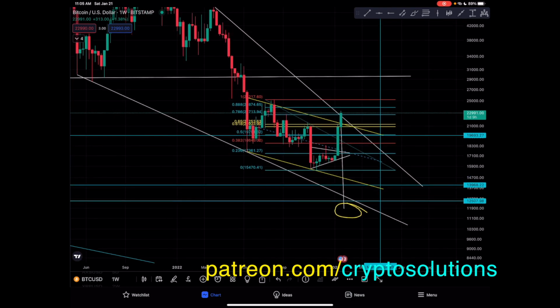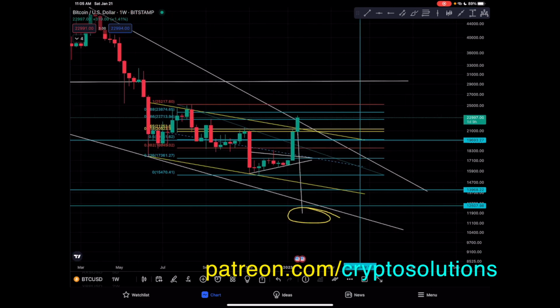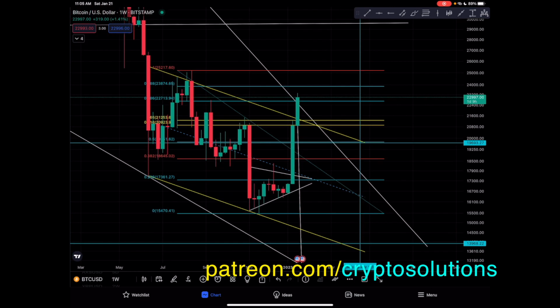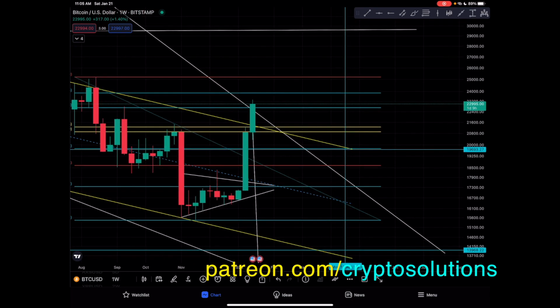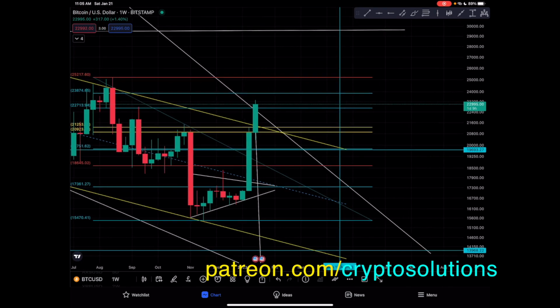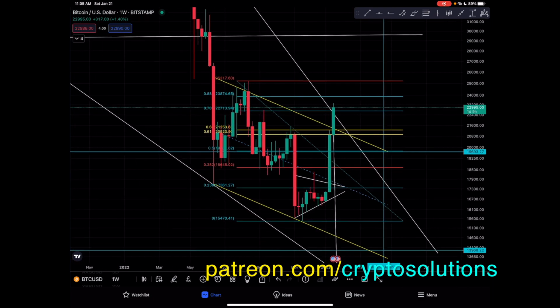In summary, if the Bitcoin price can remain above this $22,713.94 with multiple weekly body candle closes above this 0.786 Fibonacci retracement, which is around that $22,713.94, then this is a reversal to the upside, most likely. Most likely that's a reversal.